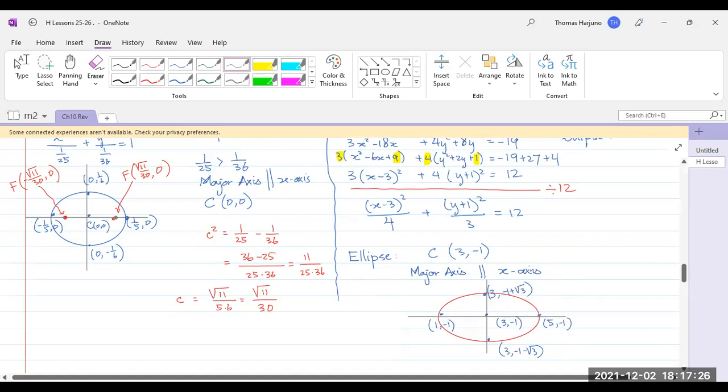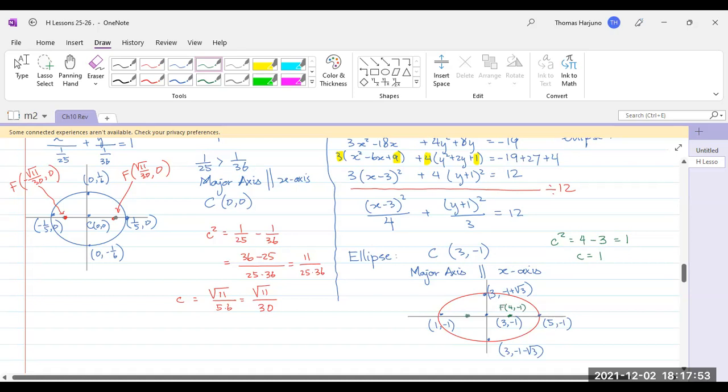Now then, what happened with the focus? The focus, c squared equals 4 minus 3, which is 1. So c is 1. It is 1 unit to the left and right of the center. So if I move 1 unit to the right, that will be (4, -1). That's the focus.